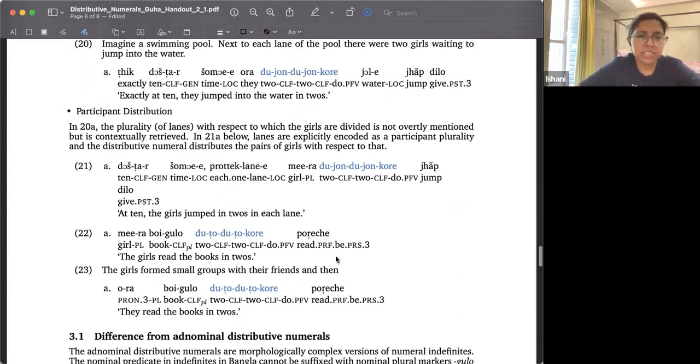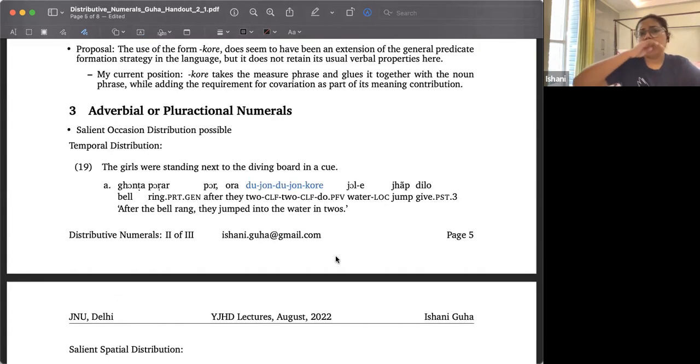Basically, the distribution is that the adverbial numerals, the most complex form, so dujon dujon kore or duto duto kore, reduplication plus kore, in Bangla follows a plural, a definite or an indefinite plural.